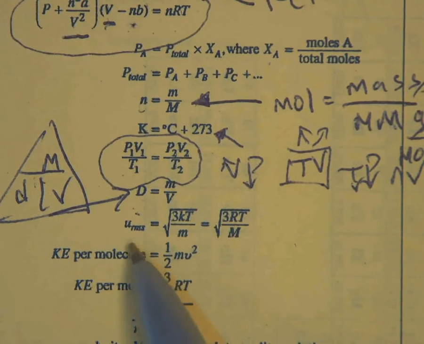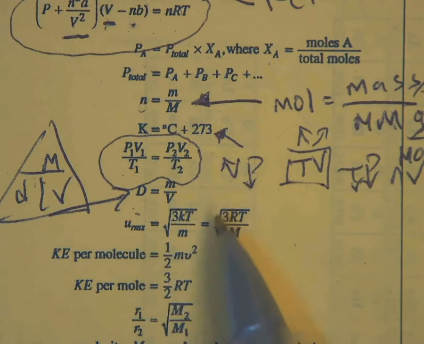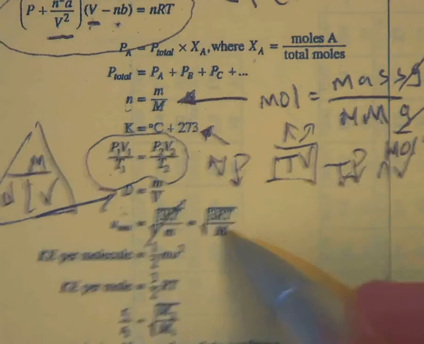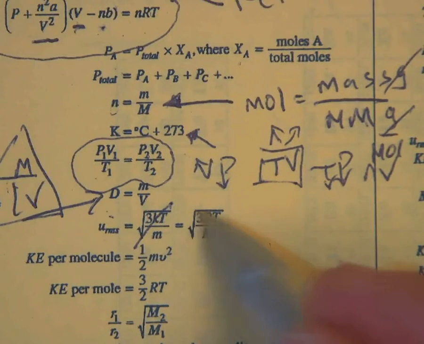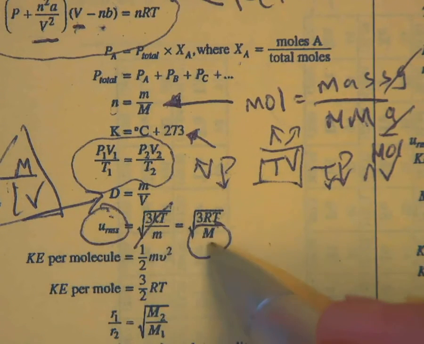This is the speed, known as the root mean square speed of a gas particle. We usually don't use this first equation, but the second one we do, is equal to the square root of 3RT divided by molar mass. And so if you're comparing the speed of two gas samples, if they're at the same temperature, you can just know that they're inversely proportional to their molar mass.